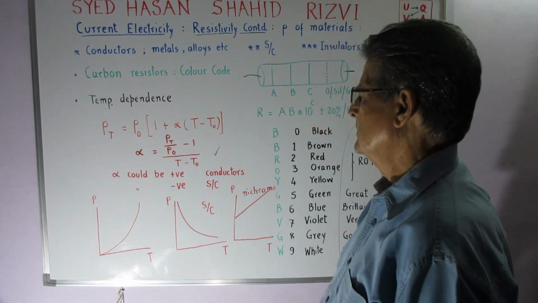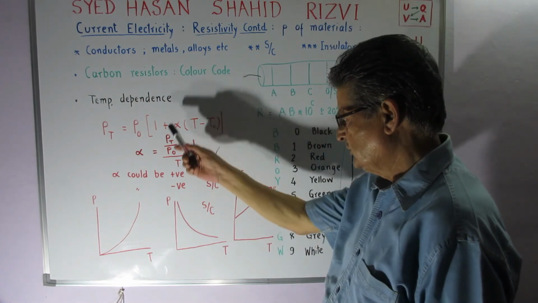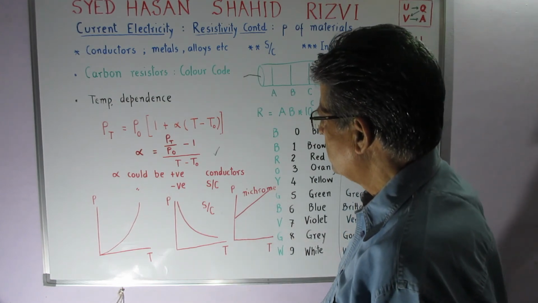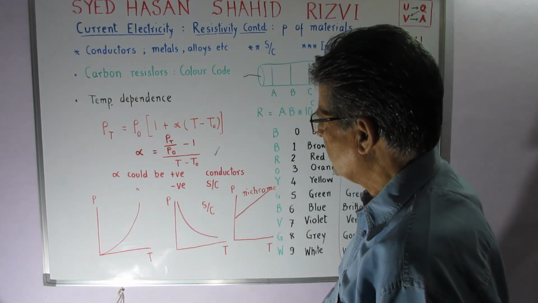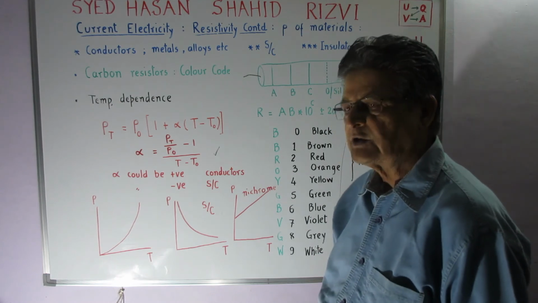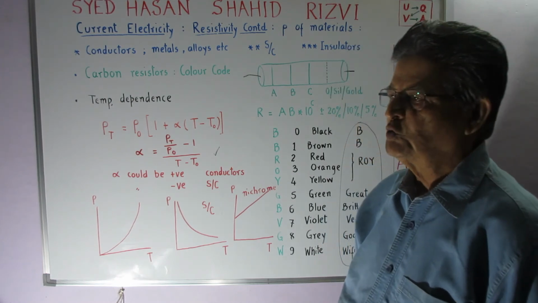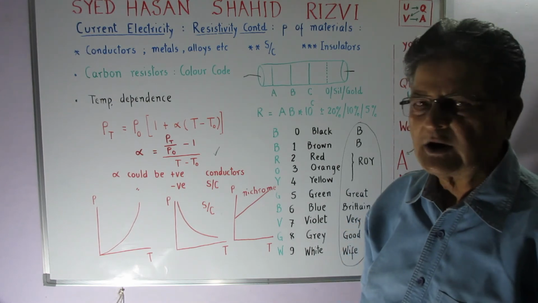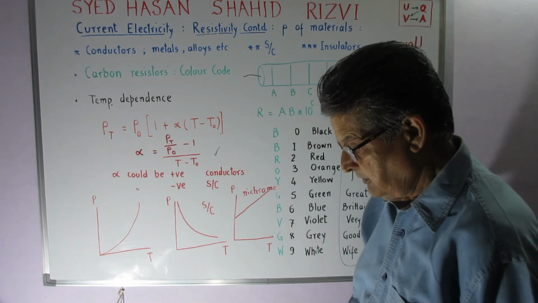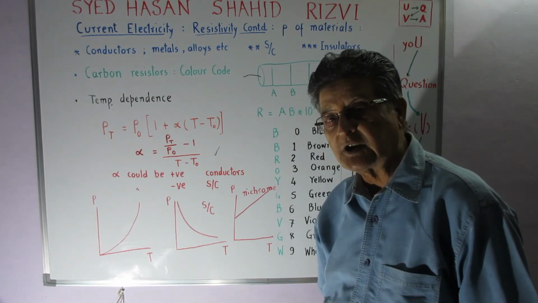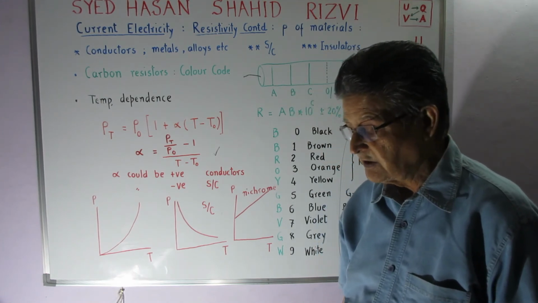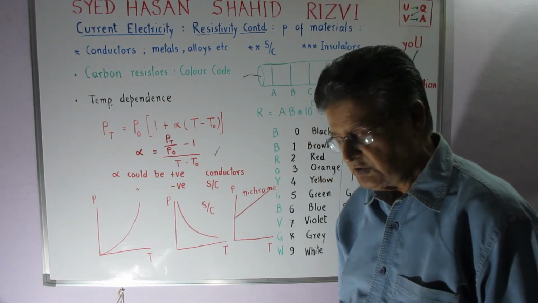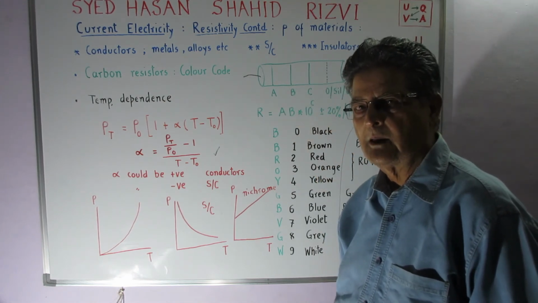We'll have occasion to talk more about this dependence, etc. And in the next lecture we'll talk about the heating effect in resistors, and how energy is generated and dissipated in resistors, not stored like in capacitors.